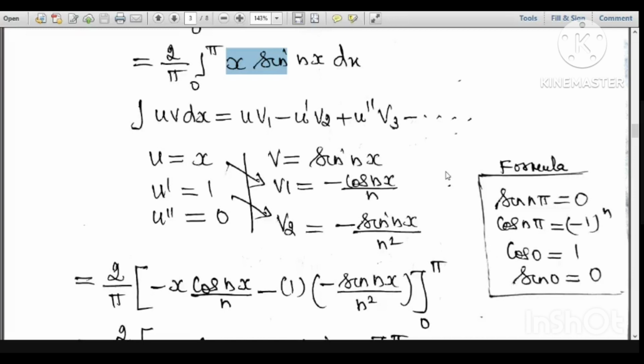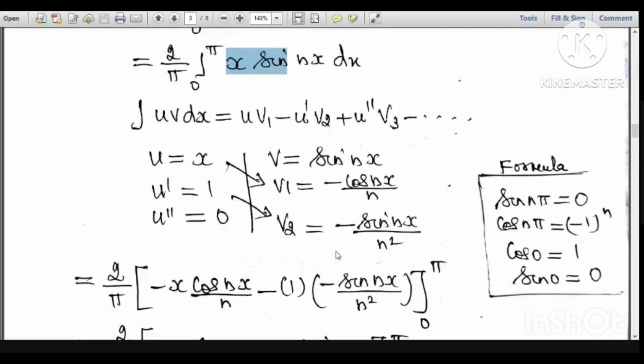So now we can apply Bernoulli's formula. 2 divided by pi, u v1 is minus x cos nx by n, minus u dash 1 into v2, minus sin nx by n square. U double dash is 0, and 0 into anything will be 0, so we won't write it.